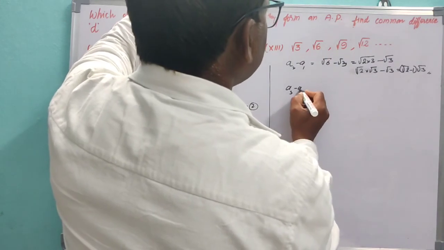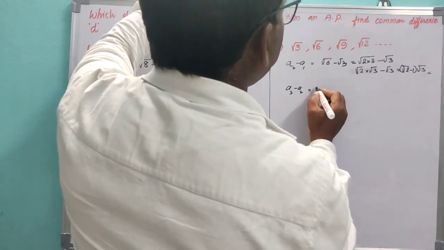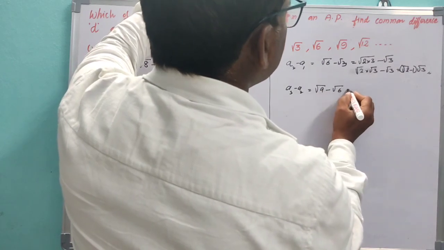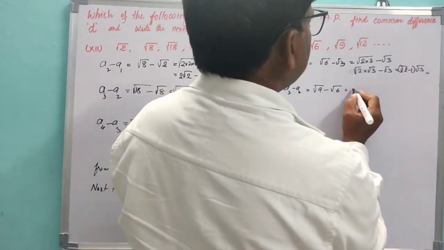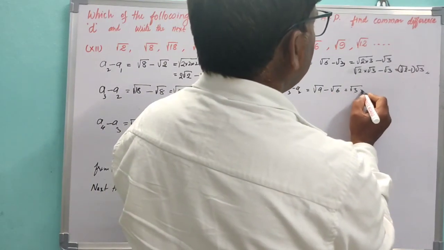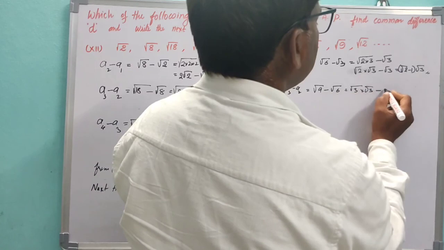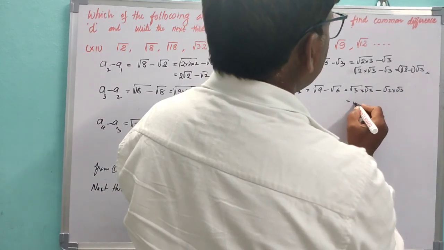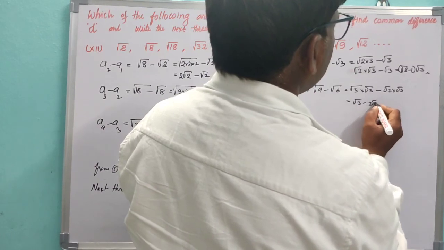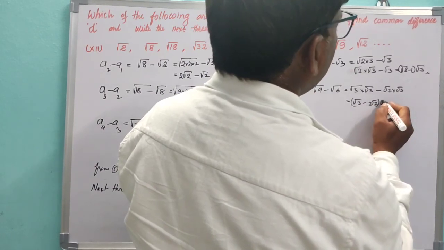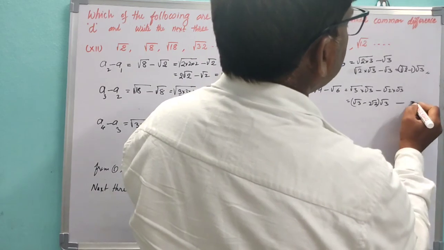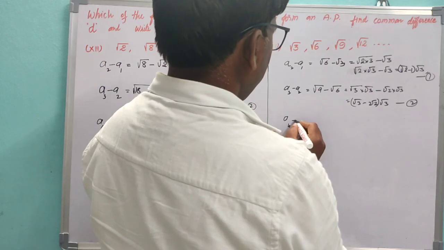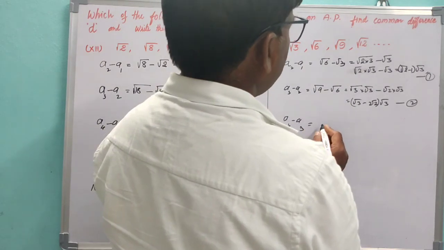Now a3 minus a2. So what is a3? Root 9, and a2 is root 6. Now this can be written as root 3 into root 3, and this is root 2 into root 3. So which is equal to root 3 minus root 2 into root 3. So let it be equation 2, and this is 1. Now a4 minus a3. So what is a4?